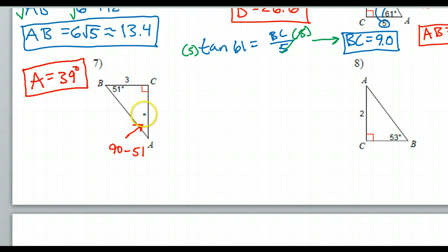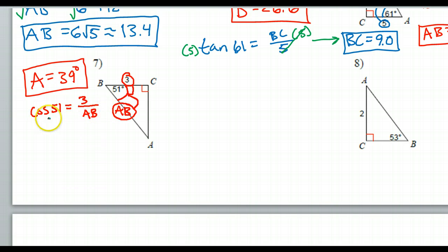All right, so let's go ahead and find side AB now. So side AB is right here. So looking at this angle and the AB and the 3, what we have here is adjacent and hypotenuse. Okay, that is the cosine function. So we will do cosine 51 is equal to the adjacent leg over the hypotenuse.